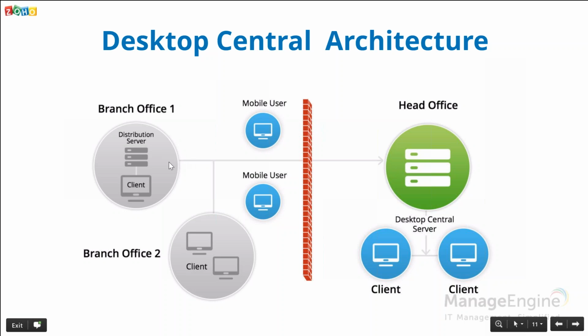If you have any remote or branch offices to manage, then we recommend having a distribution server in the remote site, which will help with bandwidth, data replication as well as pushing the agents from the distribution servers. And if you have any mobile users, that means people who are working from home or traveling a lot, technically you can even manage them over the internet by doing NATing on your firewall.